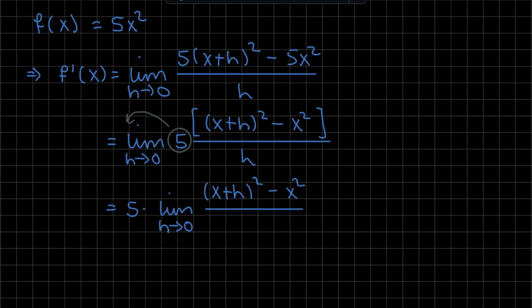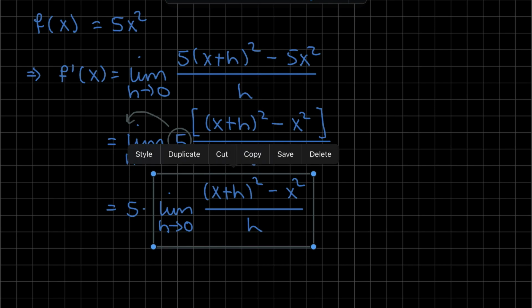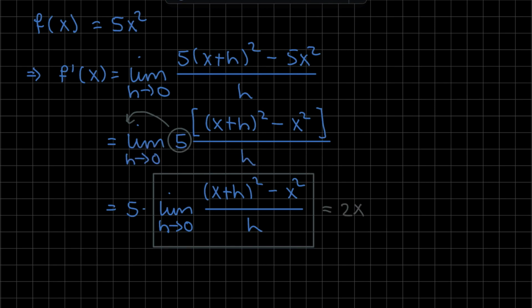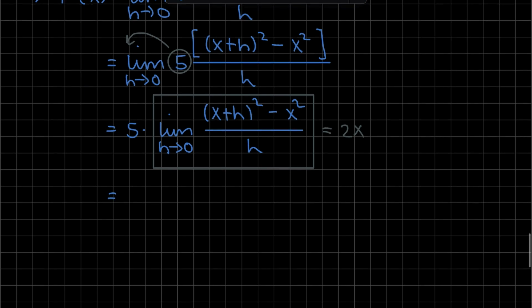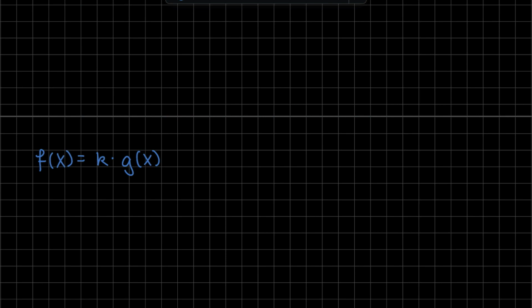And now we realize that besides this 5, the other factor, which is the limit, is just the limit definition for the derivative of x squared, which in the first video we established to be 2x. So in total we'd have 5 times 2x, which is 10x.